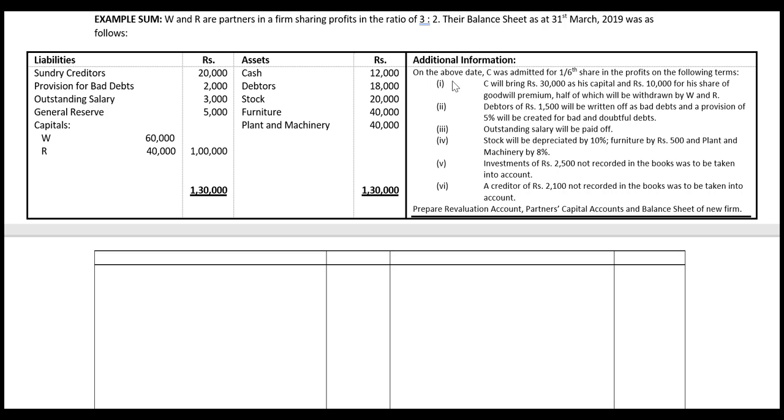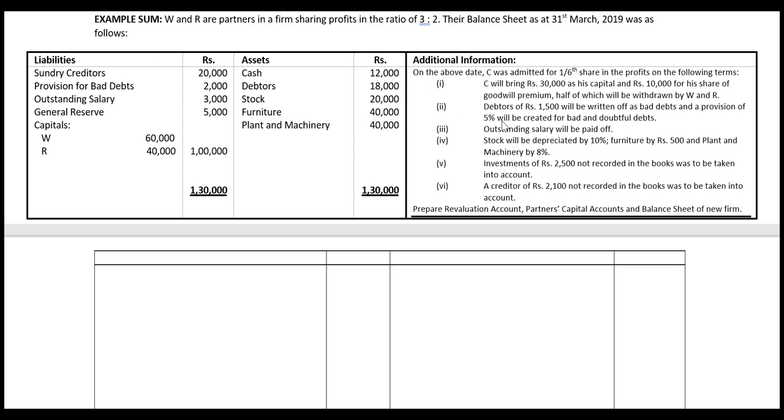It says, on the above date, C was admitted for 1/6 share in the profits of the firm on the following terms. First point, C will bring in rupees 30,000 as his capital and rupees 10,000 for his share of goodwill premium, half of which will be withdrawn by W and R.